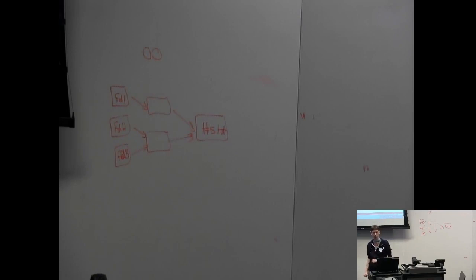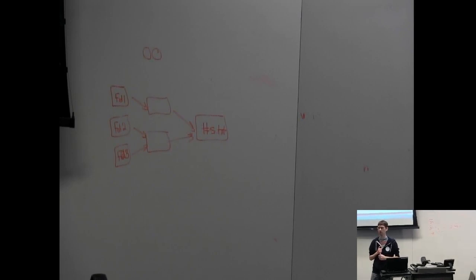Was that going to be the child or the parent? So in fork, what does the parent get back? What gets returned to the parent and what gets returned to the child? The child gets 0, and the parent gets the PID of the child, which is something that's non-zero.